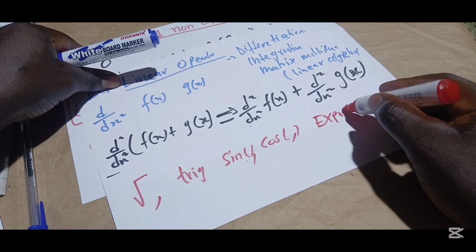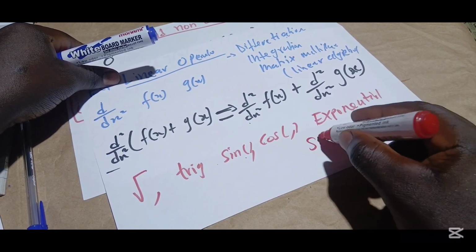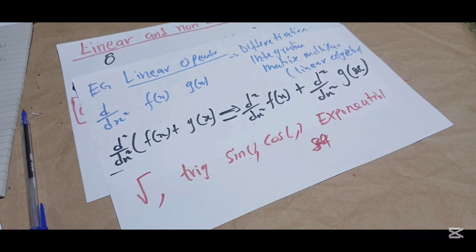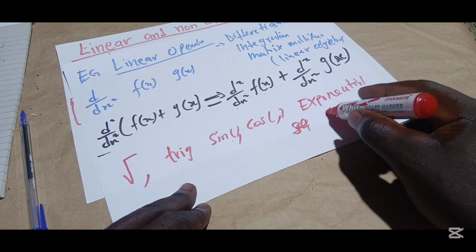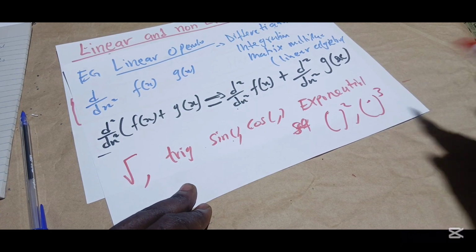Exponentials are non-linear operators. Squares and cubes are all non-linear operators.